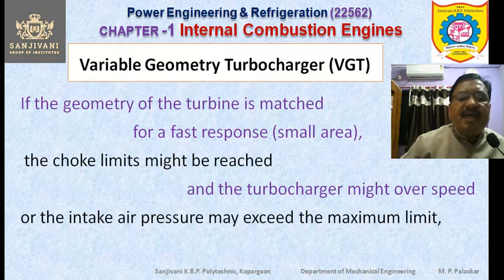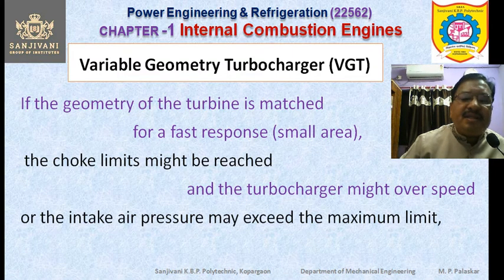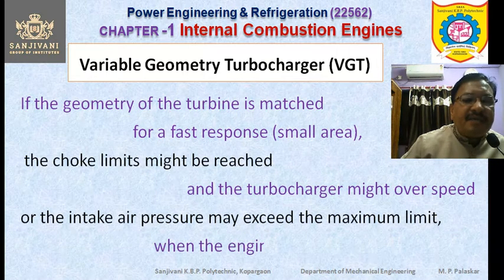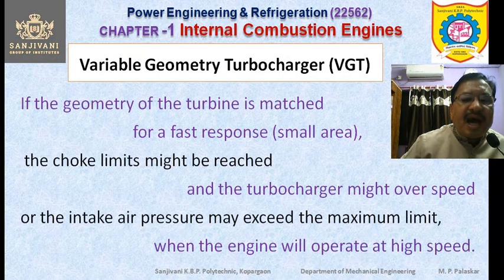Of course, we are increasing the pressure of the air which is entering inside the engine cylinder, but there is some limit for the increase in this pressure, and this limit may be crossed. This happens when the engine operates at higher speed.